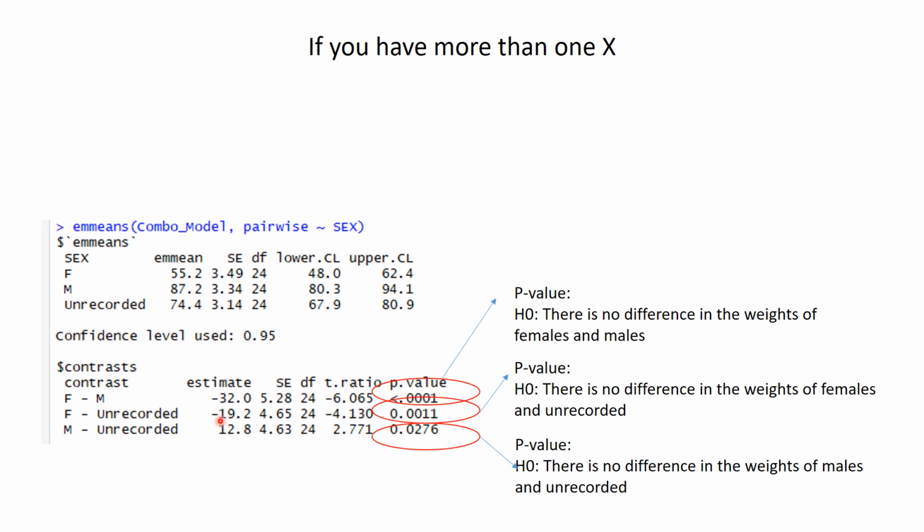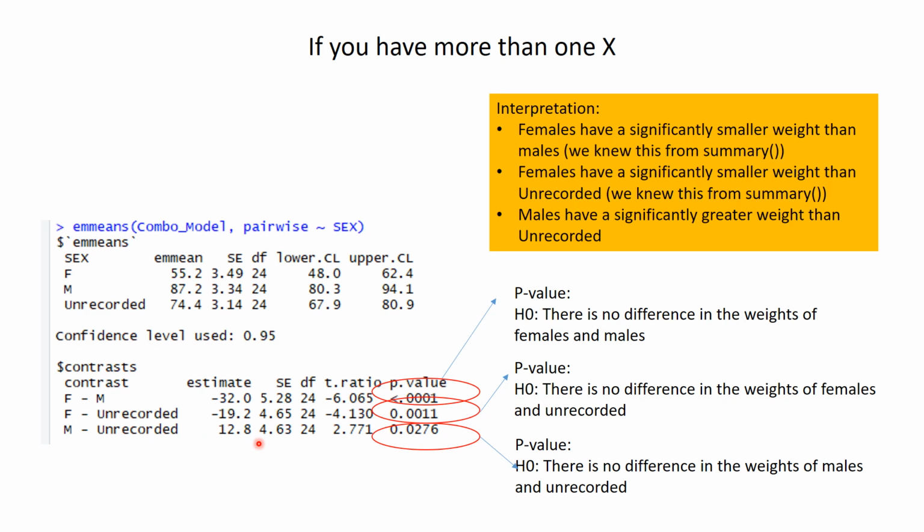So if we have a positive number, that first level is higher than the second level. So in this case, male is higher than unrecorded. If the estimate is negative, it means that the first level is smaller than the second level. So in this case, female is smaller than unrecorded by 19.2 kilograms. All right, and here males are bigger than unrecorded by 12.8 kilograms.